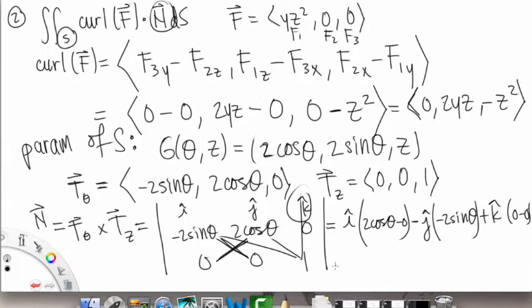So our normal vector is going to turn out to be a positive 2 cosine theta, comma, and this turns into a positive 2 sine theta, and then our last component is just a 0.